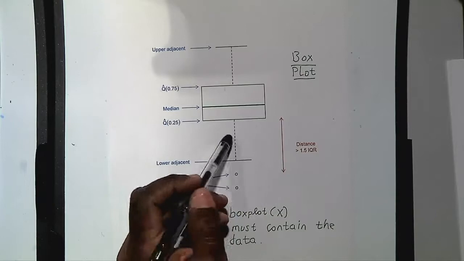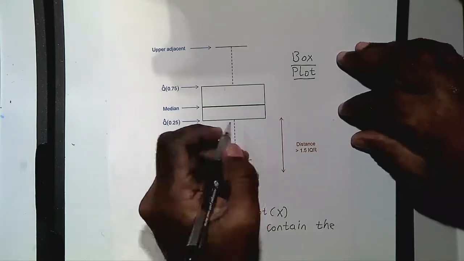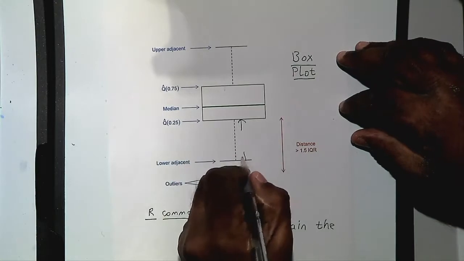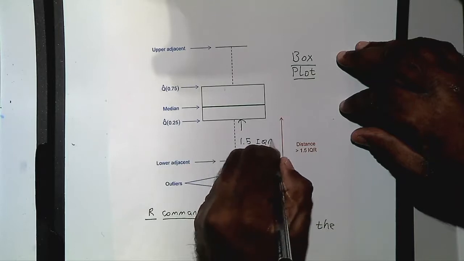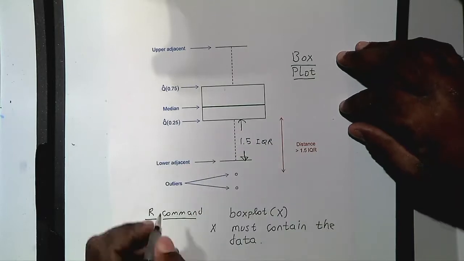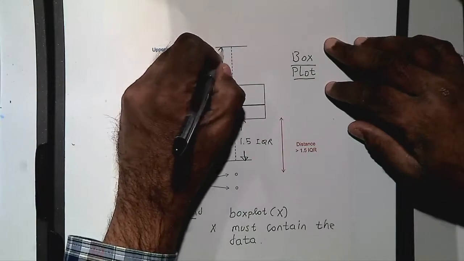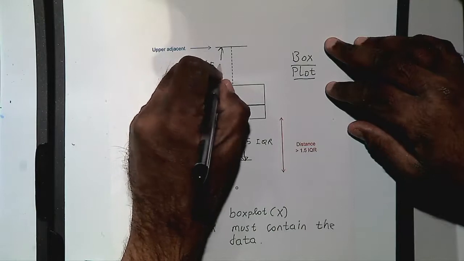Let me write it again here. The distance from this to this is 1.5 IQR, and similarly the distance from this to this is 1.5 IQR.